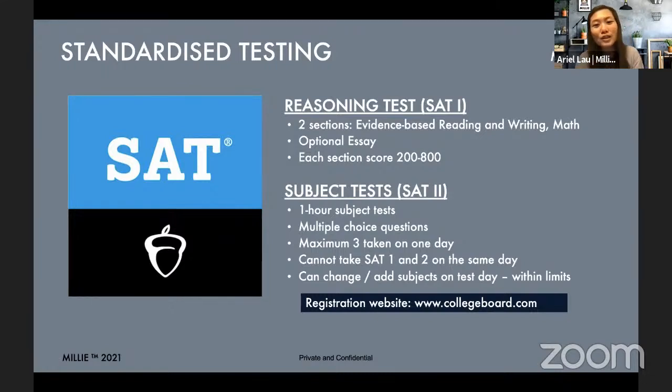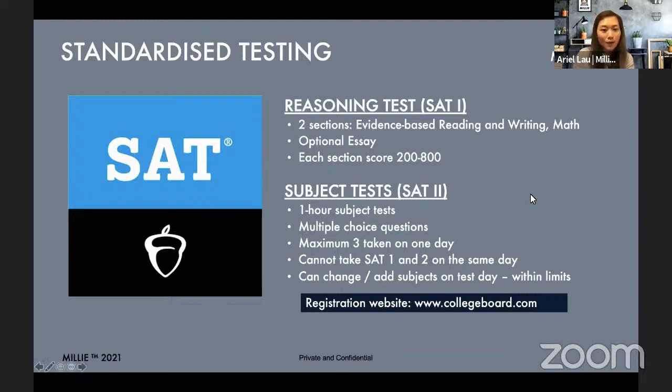So good news for the students, you no longer need to study for your SAT 2 anymore. Going back to SAT 1, each section scores 800 as full points, so the highest achievable mark in your reasoning test would be 1600.